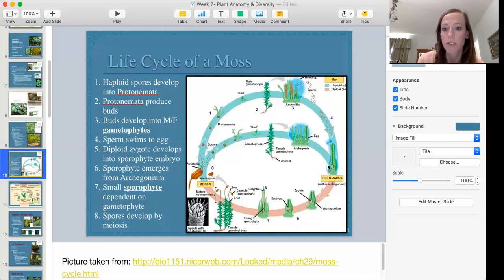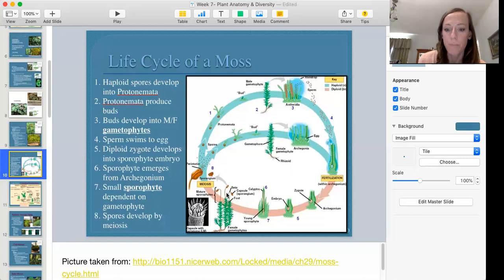Okay, and of course, once they fuse at fertilization, now we're restoring that diploid number. So now it's the sporophyte developing. Okay, haploid is everything along these lines, beginning with the spores and continuing through the gametophyte generation. When the sperm and egg join, you restore the diploid number and then produce the sporophyte.